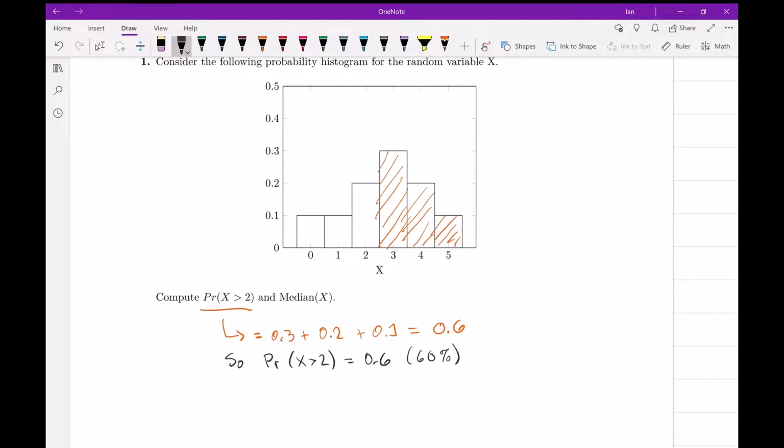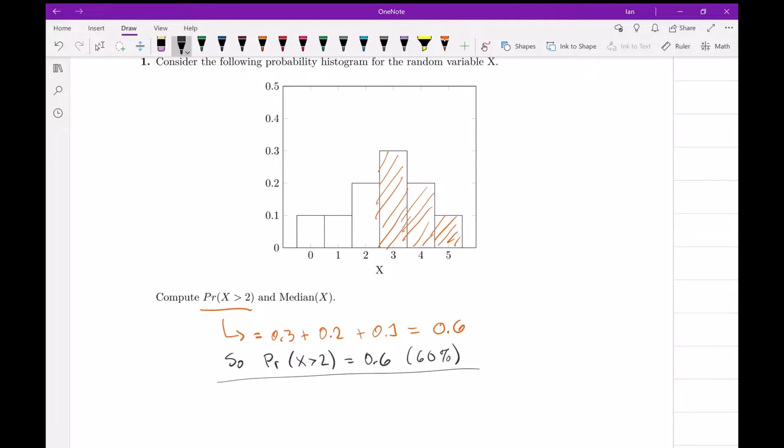Right, so the next thing to do is to look at the median. Now, it wouldn't be too hard to construct a perfectly representative sample of this random variable. All the denominators are out of 10. There are 0.1, 0.2, or 0.3, these values. So we'd only need 10 samples to construct a perfectly representative sample. But I want to illustrate what I was talking about earlier.